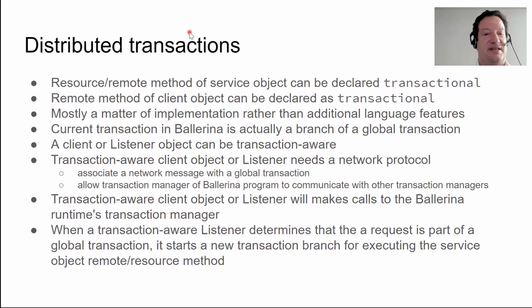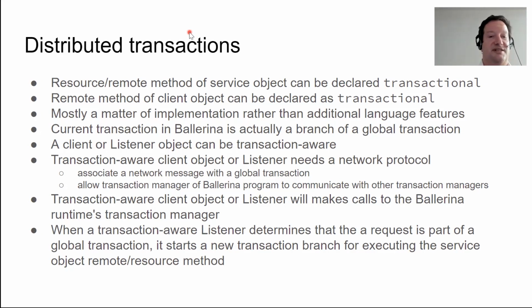So the basic concept is when I've been talking about current transaction in Ballerina, what I actually mean is it's a branch of a global transaction. So when I have a transaction statement, that creates a new global transaction, and the current transaction becomes the root branch of that transaction. You can then have client objects and listener objects that are transaction aware. Now, when a client or listener object is transaction aware, there's got to be a protocol involved.